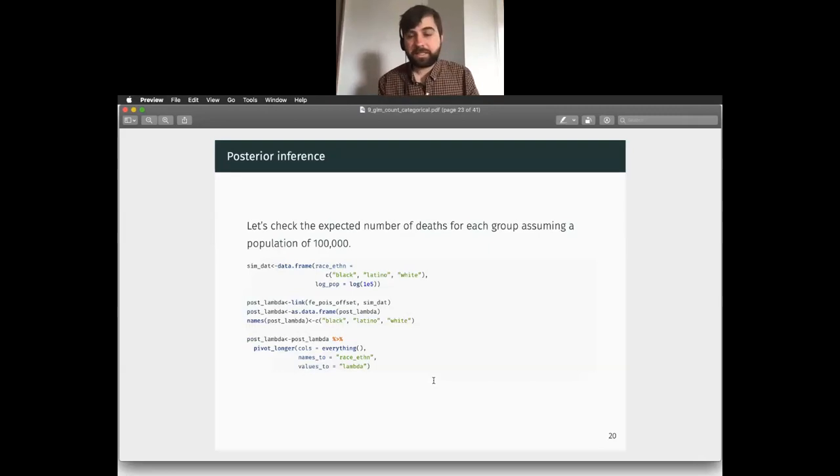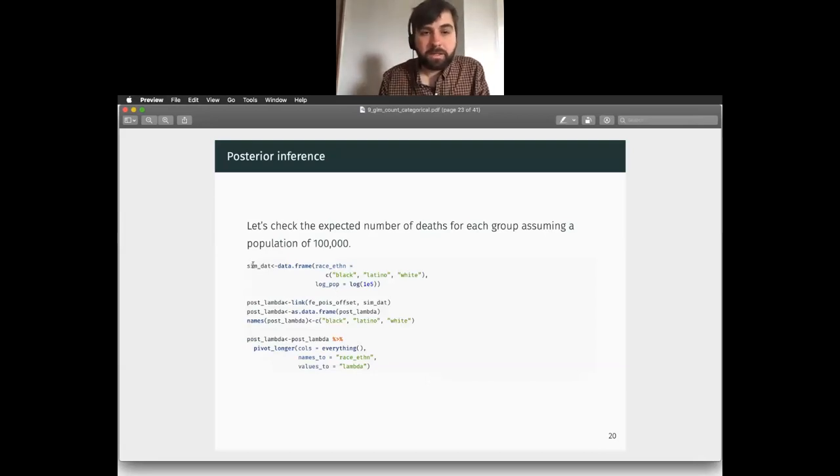So let's check. Another thing that is nice for this, rather than treating it in a unit conversion sense of dividing this by 100,000 later, is that we can directly simulate, because log population is in our model.